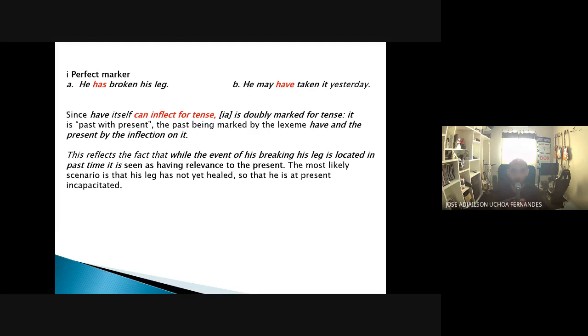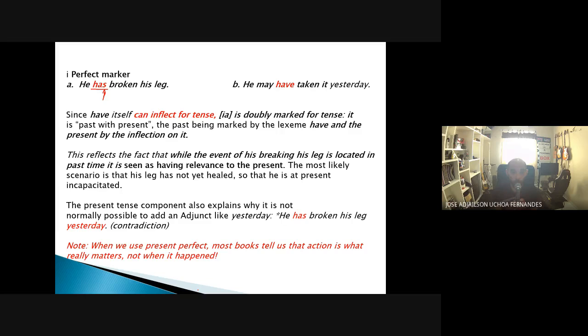Basically, there are three explanations that we find in textbooks for using the present perfect. So we call it past with present because something that happened in the past is expressed with a structure that I'd say morphologically is in the present, with an inflection of third person singular present, has. Okay.